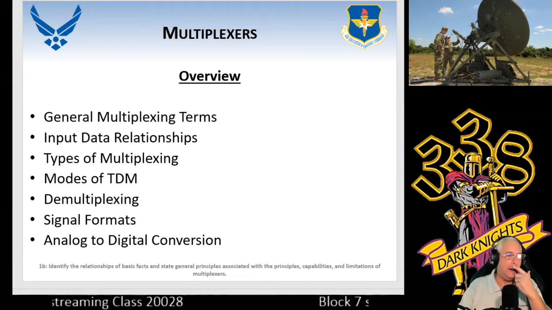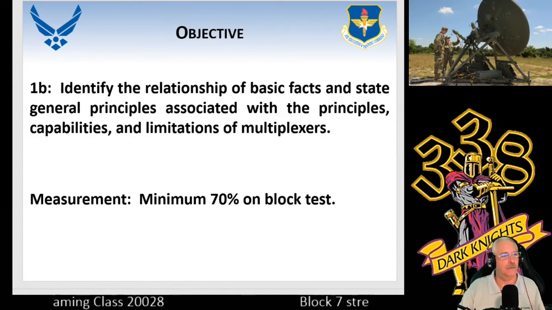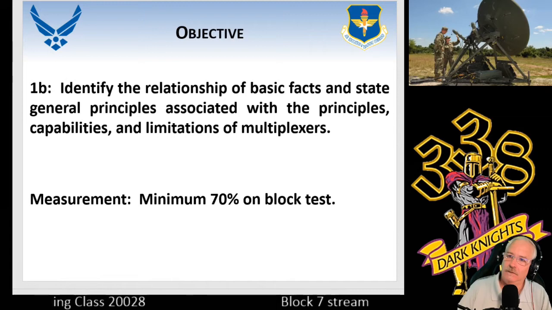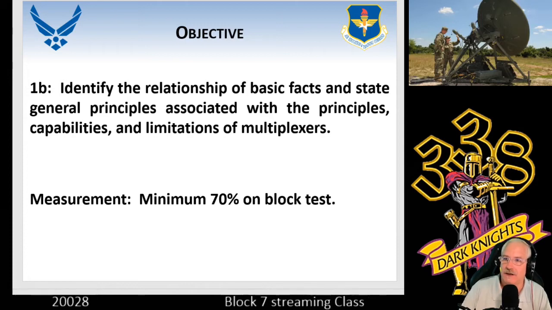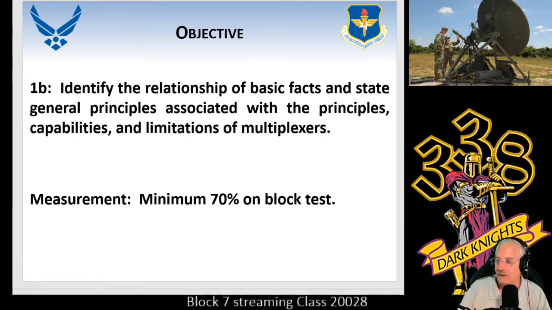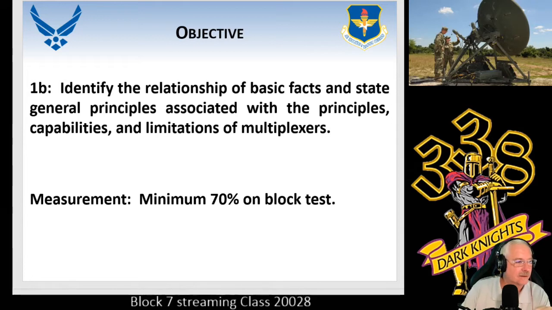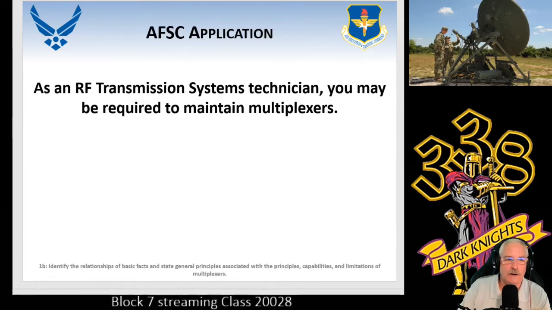We're going to be looking at 1 Bravo, identify the relationship of basic facts and state general principles associated with the principles, capabilities, and limitations of multiplexers. Again, 70%. You guys know the drill, right? We look at the AFSC application.